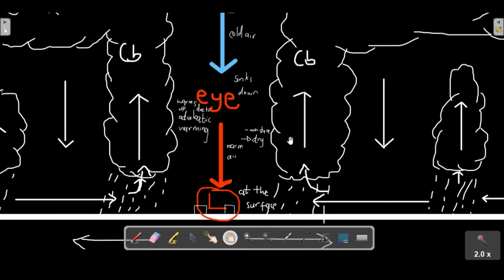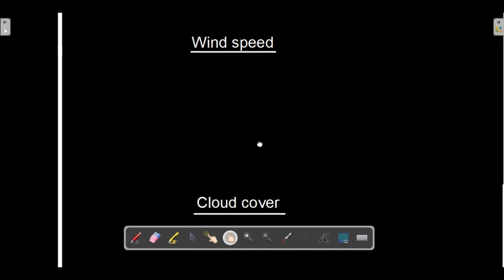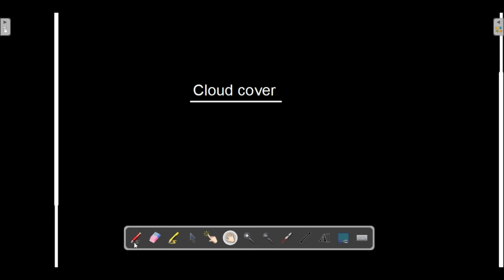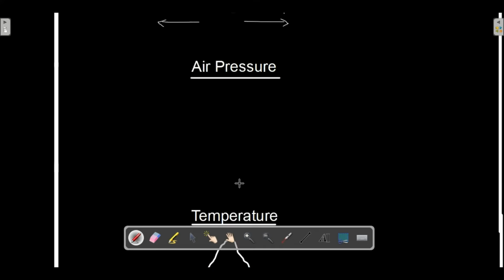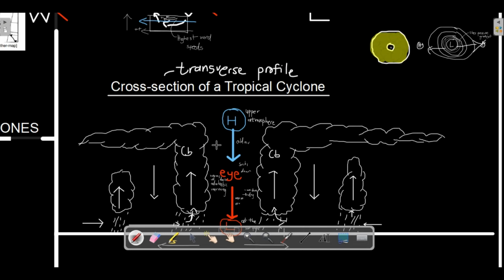As we can see, guys, there's no cloud cover at the eye. That's the lowest cloud cover that you can get, because there are no clouds at all. Then you have the highest cloud cover in the eye wall, which is these cumulonimbus clouds.